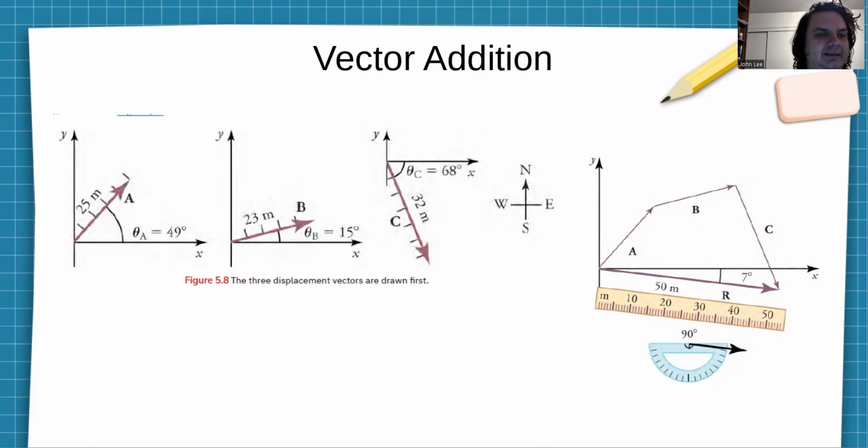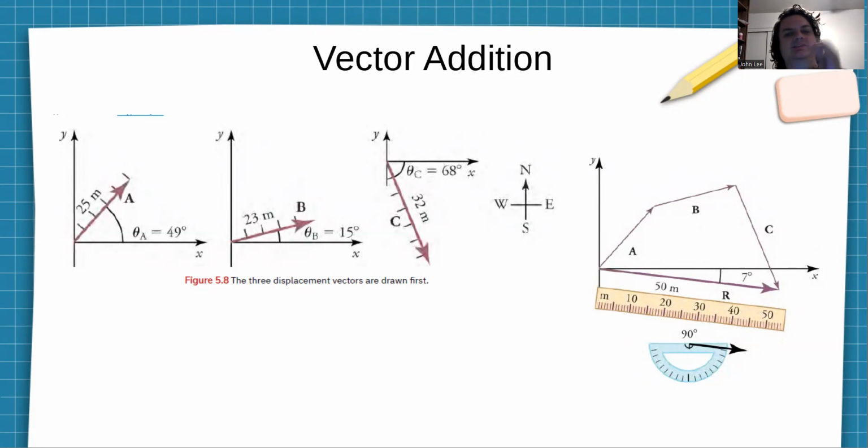So A is a 25-meter displacement vector pointing at 49 degrees off the x-axis. And then B is 23 meters pointing at an angle of 15 degrees off the x-axis.